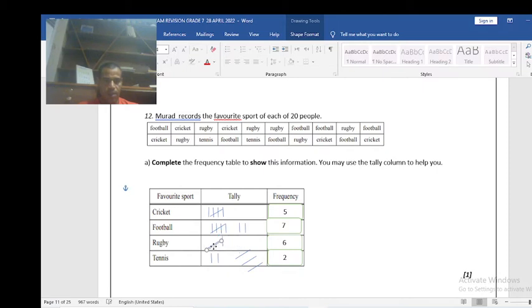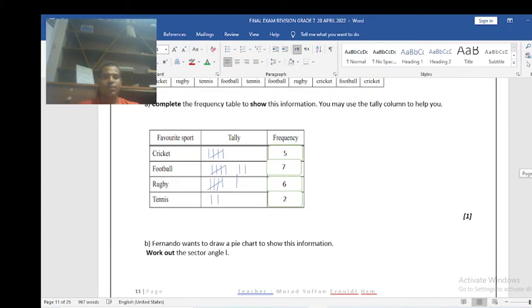Then this one is 4, this is now 5, and the last one is 6. I just make it vertical. Then we'll move to the next part.